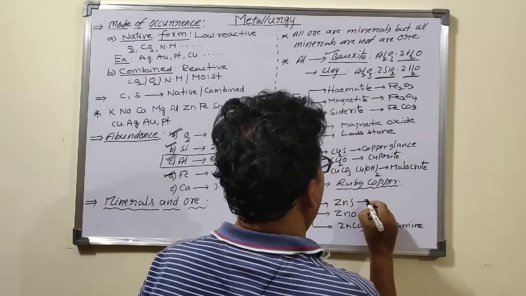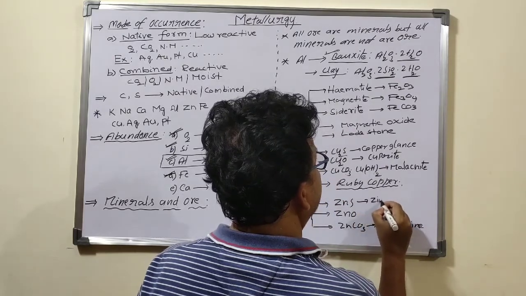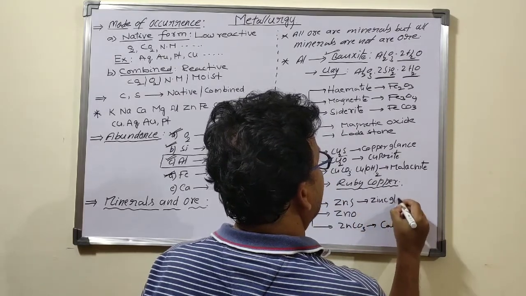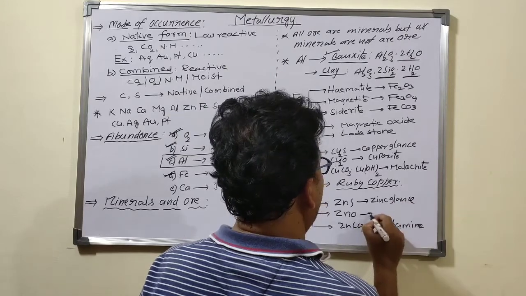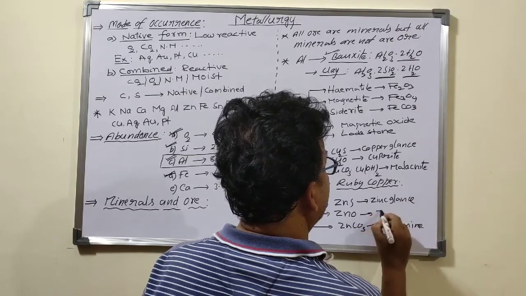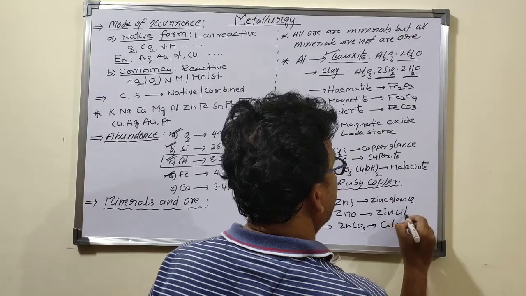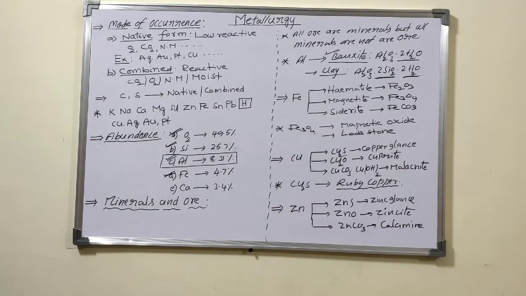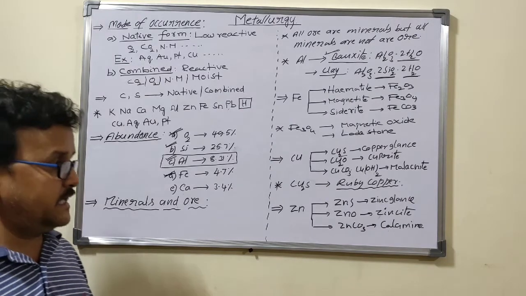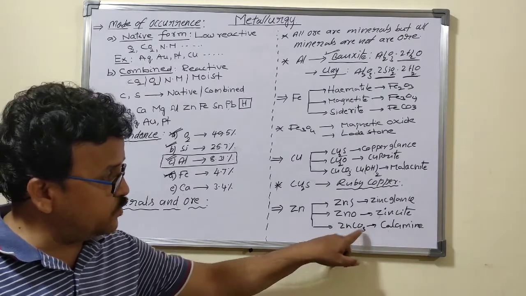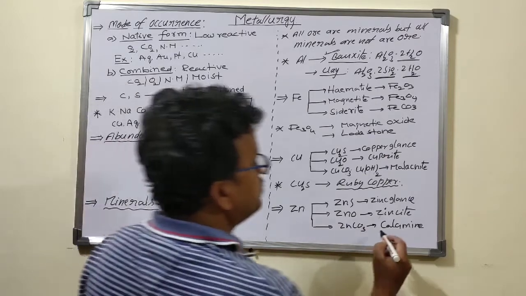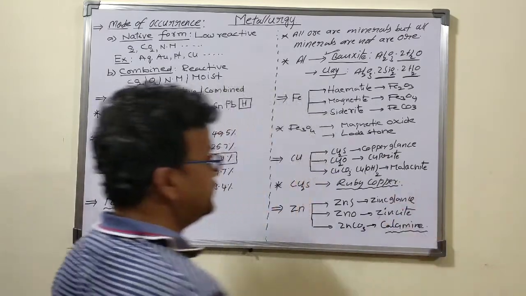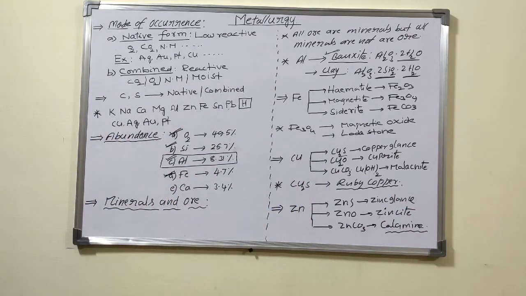And zinc sulfide we are calling zinc glance, and ZnO we are calling zincite. ZnO is called zincite. ZnCO3 is called calamine. So this is important for competitive concern. Like this, different elements exist in different forms.